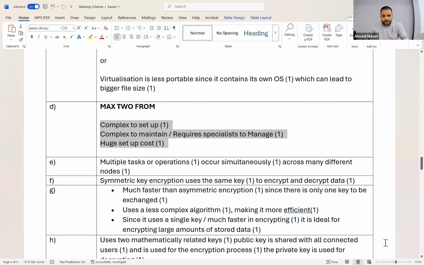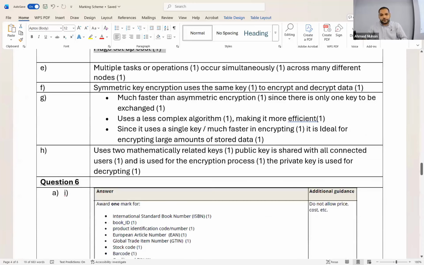Can everyone take down the examiner's definition over here? Even if you scored full marks, take it down. A very simple definition over here. Multiple tasks or operations occurring simultaneously across many different nodes. This is the meaning of concurrency.